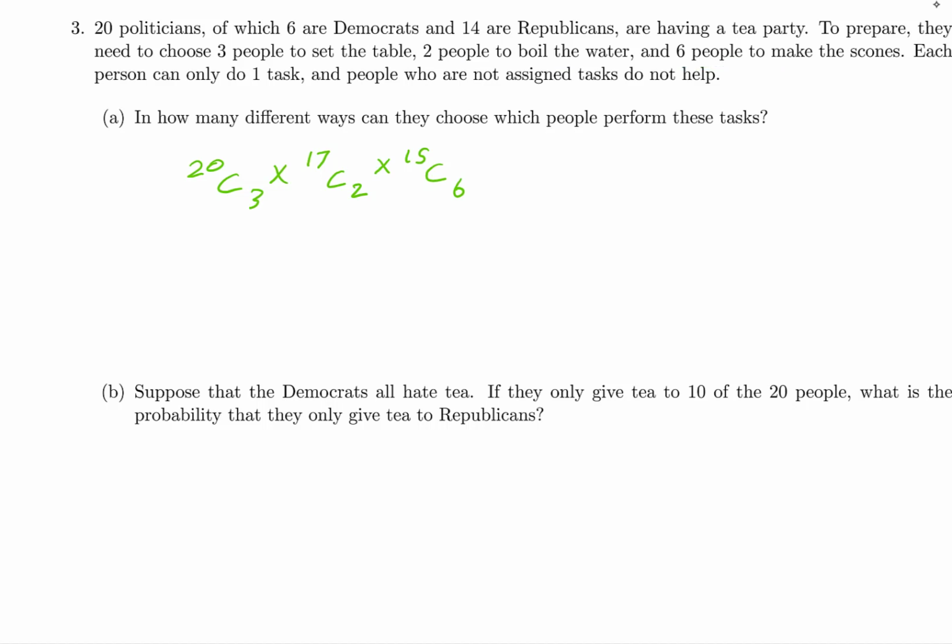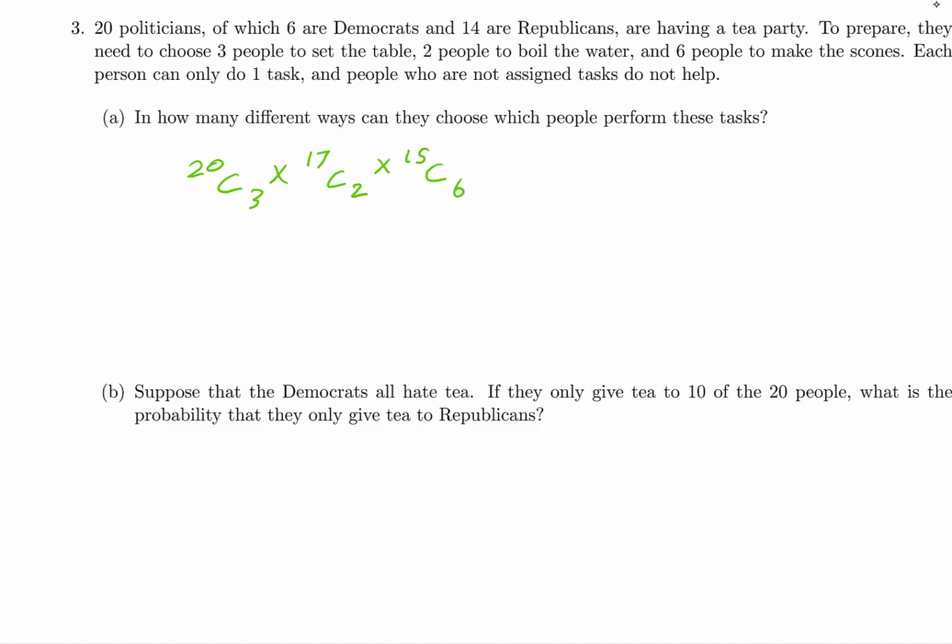Part B. Suppose that Democrats all hate tea. If they only give tea to 10 of the 20 people, what is the probability that they only give tea to Republicans? Alright. First, they're asking probability, right? First, without any condition, we find the different ways they give the tea. How many teas are they going to give? 10.